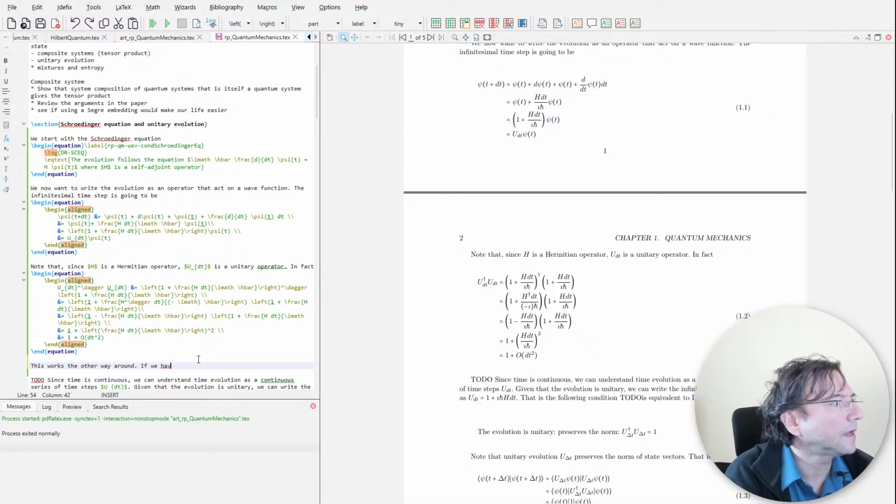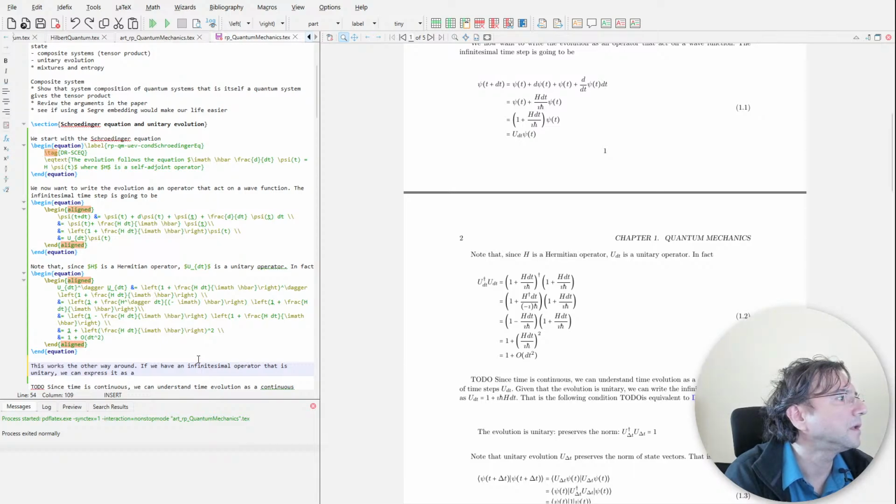If we have an infinitesimal operator that is unitary, we can express it in that form, and then with the English we're gonna have to fix it.